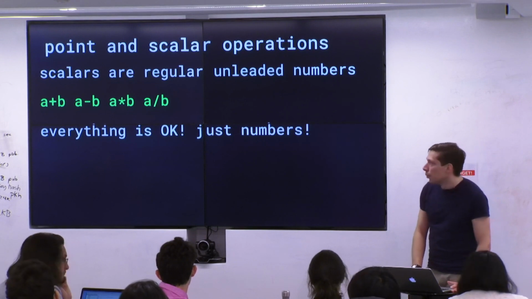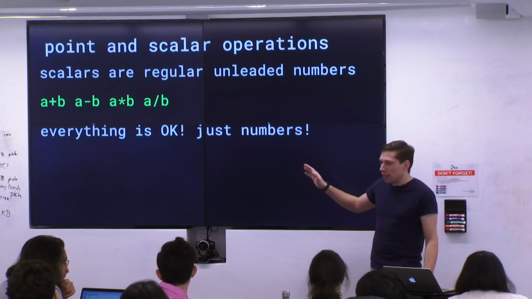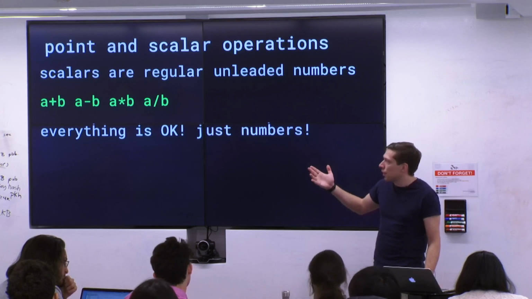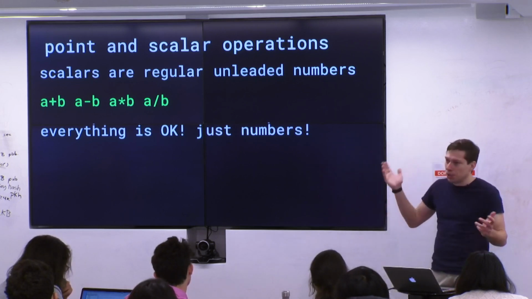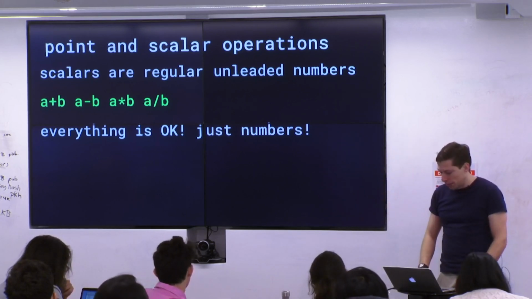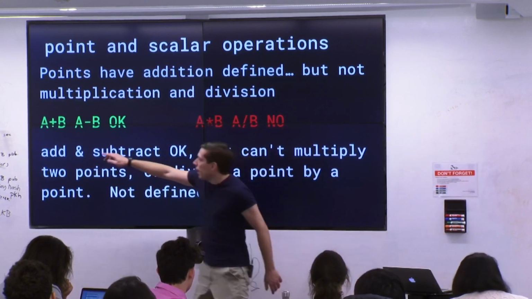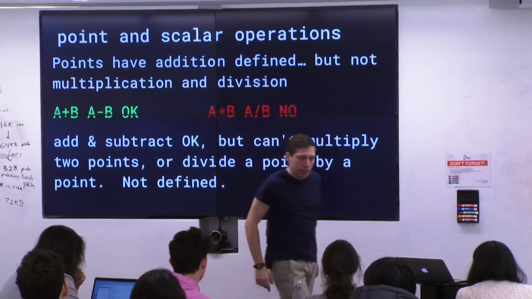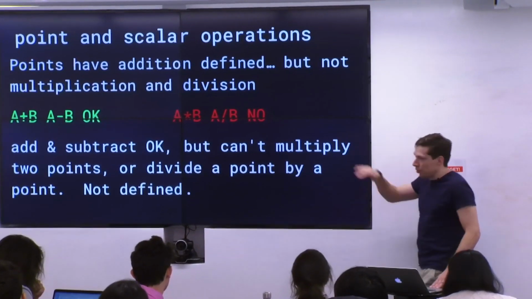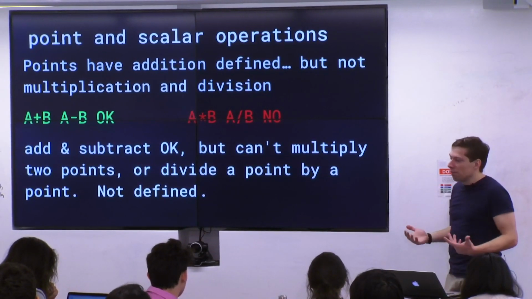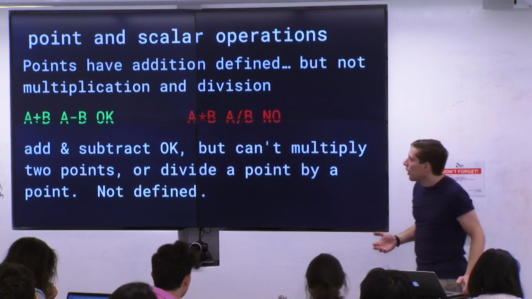Okay, so with scalars, these are just regular integers, natural numbers even. You can do all the operations you're familiar with. That's fairly straightforward. With points, you can add and subtract the points, right? We showed how you do that visually, and then the equations for it, the computer can do that pretty quick.